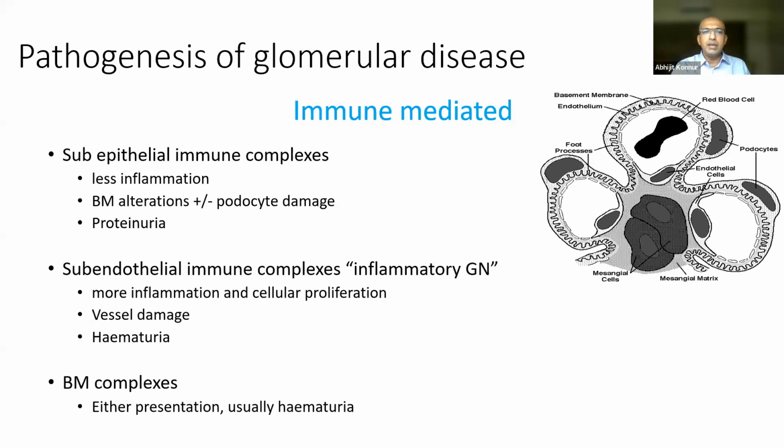If the immune deposits occur just below the endothelium, the capillary, then you will have more inflammation and cellular proliferation. There is vascular damage, and they present with hematuria. Somewhere in between, in the glomerular basement membrane, if the immune deposition is there, they can present with hematuria or proteinuria or both.